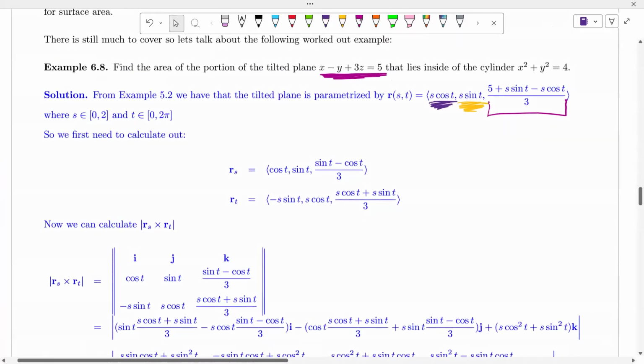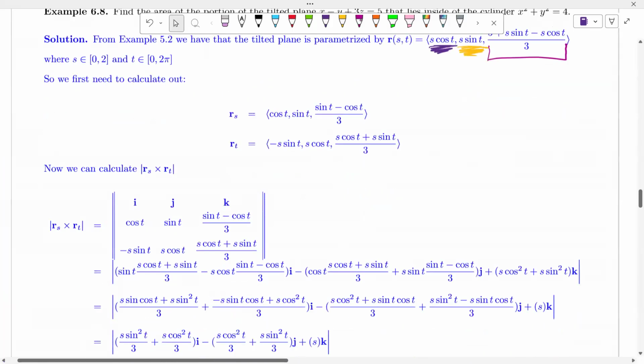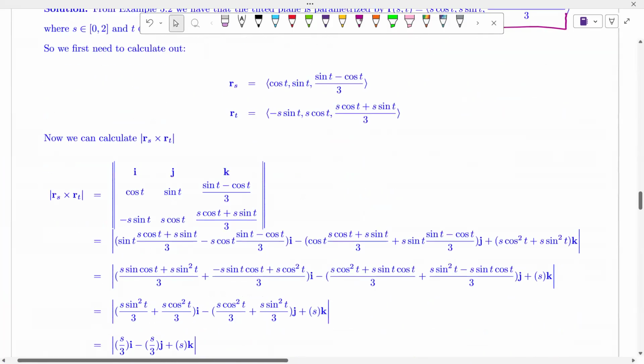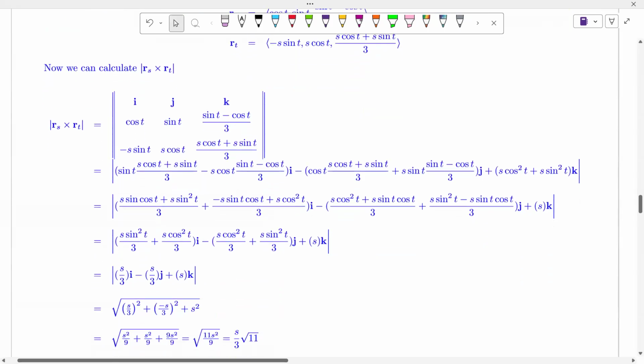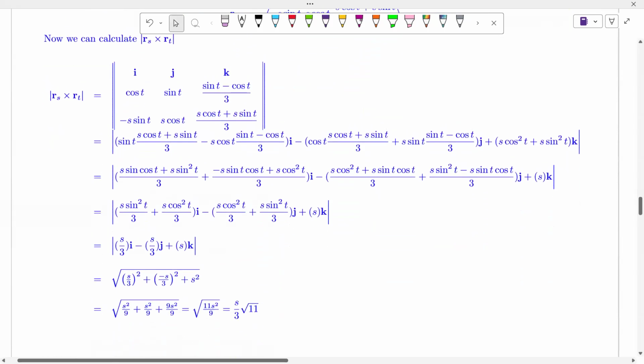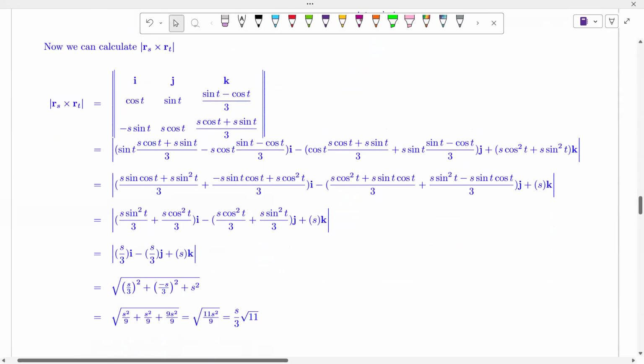But then once I have that, I know I need the cross product of two partial derivative vectors. So I will take those partial derivative vectors and calculate a cross product, which I don't think you really want to spend a bunch of time trying to write all of this down because it's a lot. So maybe skip that part. Just know that a whole bunch of simplification is going to go on.